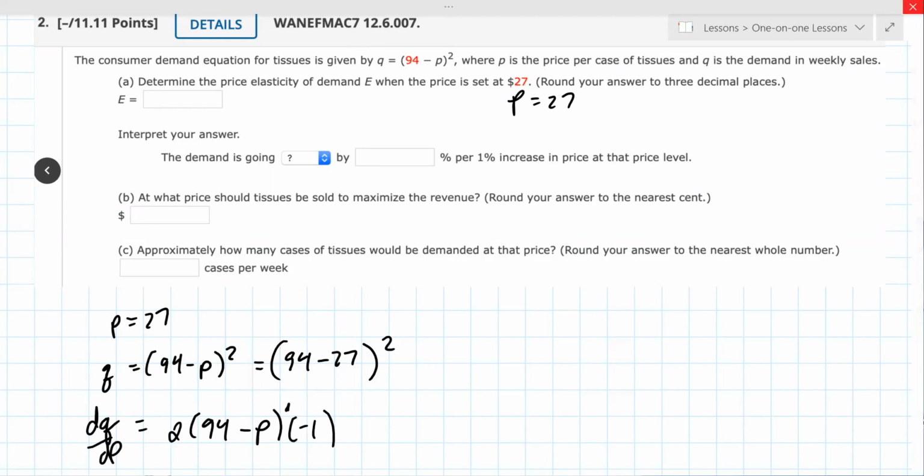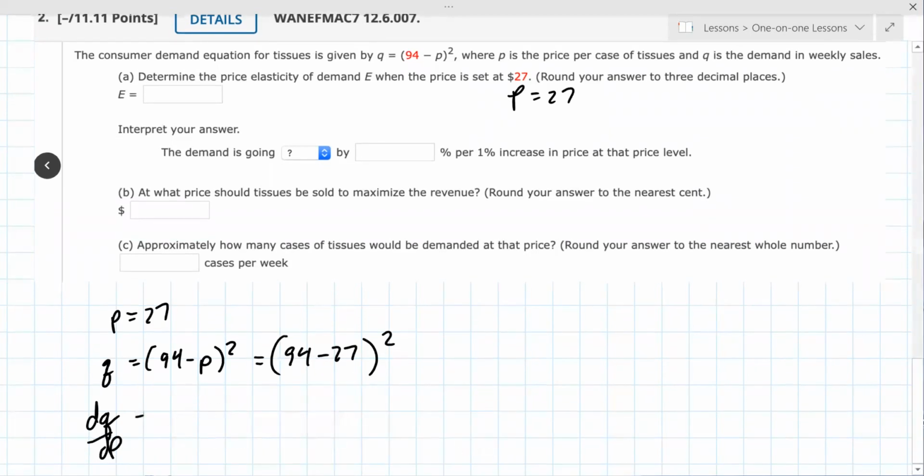Wait, I'm stuck. How did you do dQ/dP? Sorry. So taking the derivative of Q, to do that, you apply the power rule first. So you bring the 2 in front, 94 minus P to the power of 1. But then you have to take the derivative of the inside function.